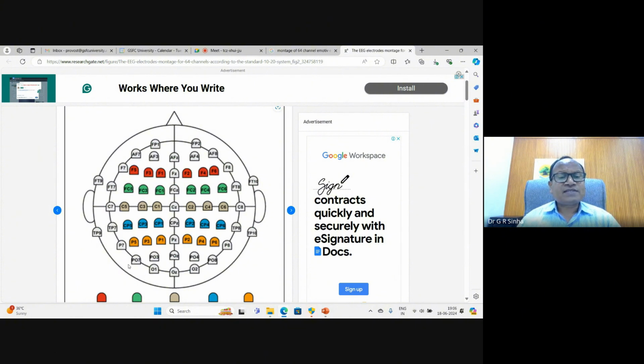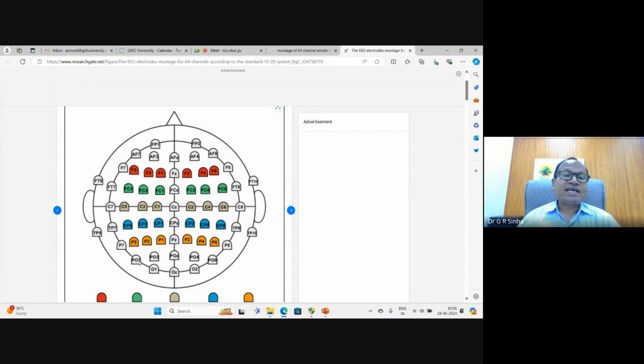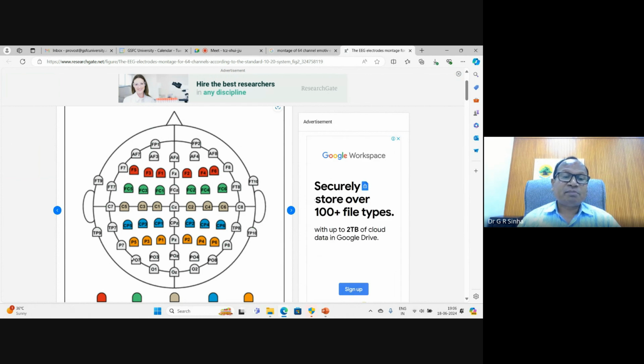And what is another thing? PO7. What is the meaning of PO7? It's an interconnection between occipital and parietal. See carefully, PO7 means POZ, PO3, PO7. So PO3 is the interconnection between your parietal and occipital.